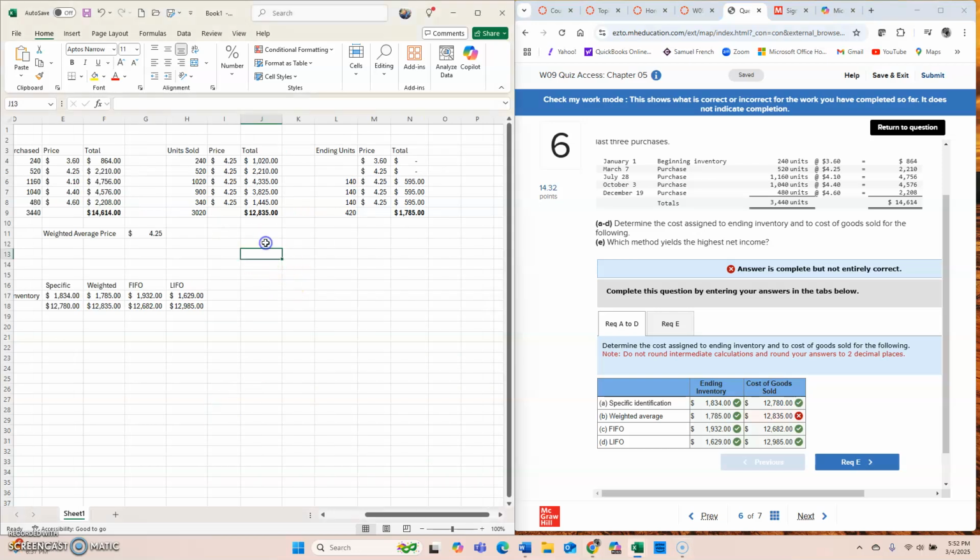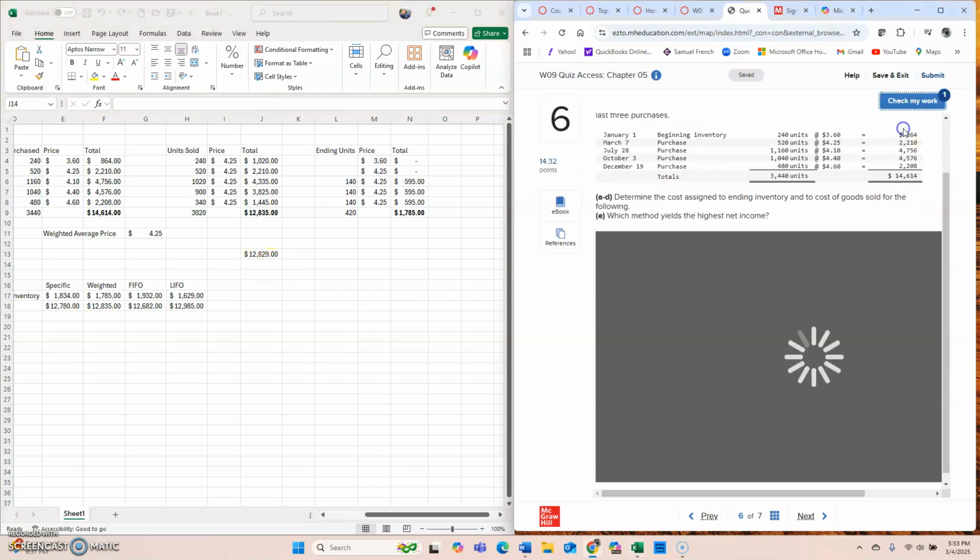Okay, I figured out what is wrong. Not sure why this isn't showing it, but another way of finding your cost of goods sold is, so this is for the weighted average price. Remember how it doesn't like my answer over here? So you're going to take your cost of goods available, and you're going to minus our ending inventory amount, and see it came up with $12,829.